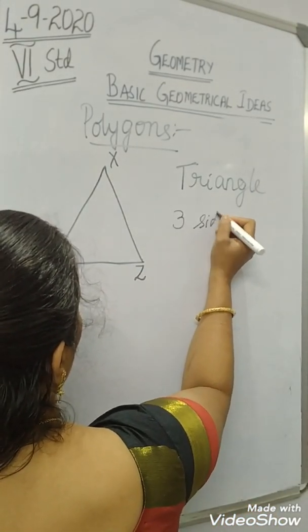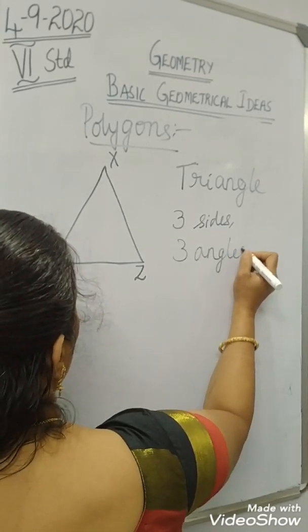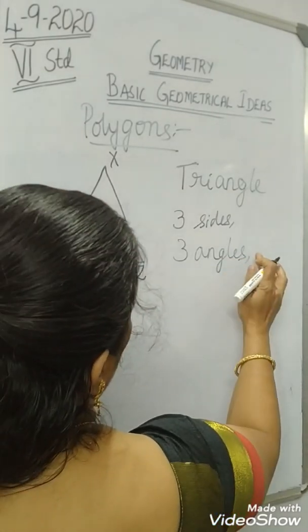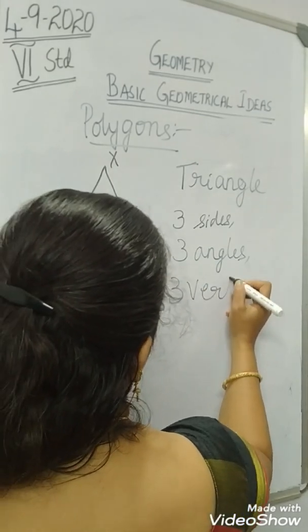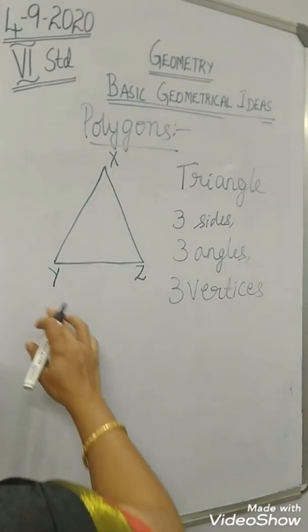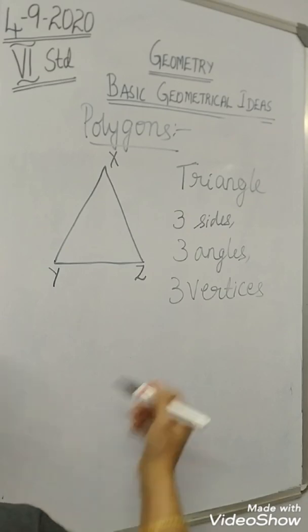It has got 3 angles. Also it has got what? It has got 3 sides, 3 angles and 3 vertices. If it is 1, you call it vertex. There are 3, so we call it vertices. It is the plural of vertex.